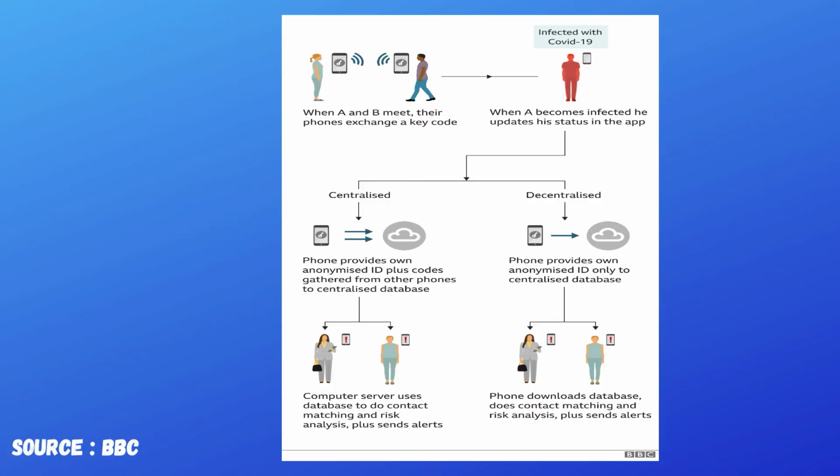In this decentralized method, most of the data is stored on the phone, and only once the user is infected, it contacts the server with an anonymous ID to the database, which in turn is stored locally. And the matching happens locally on the smartphone, unlike on the common server in the centralized method.